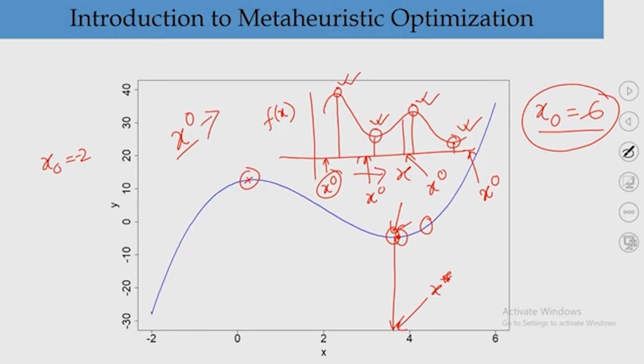So, depending upon the initial point, suppose if you are supplying this particular initial point, then you may get the global maximum of this function, and if you are giving this particular point as an initial point, then you may get the global minimum of this particular function.